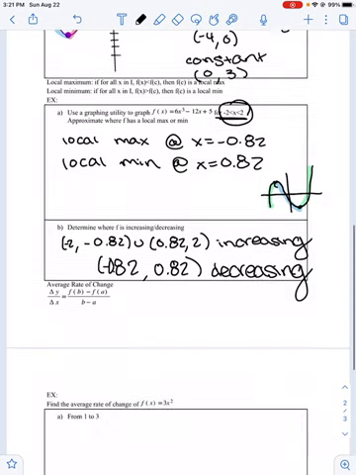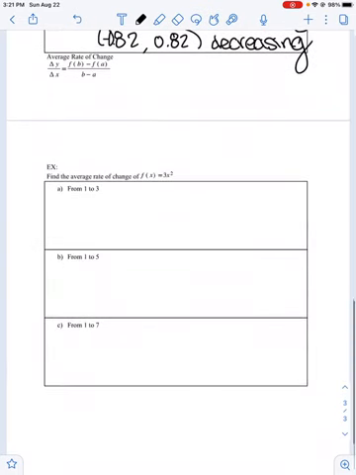Okay. Lastly, we're going to go over the average rate of change. So we have a formula here for how to find the average rate of change. So you just have to plug in. So from 1 to 3, from A to B. So when we write this, we would say f of 3 minus f of 1 over 3 minus 1. So let's find f of 3.